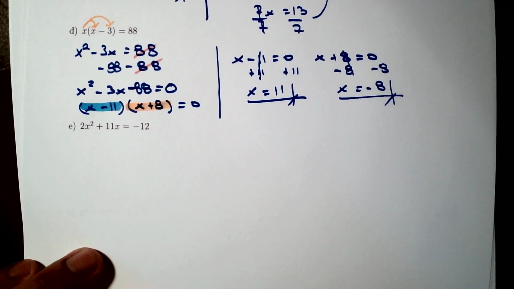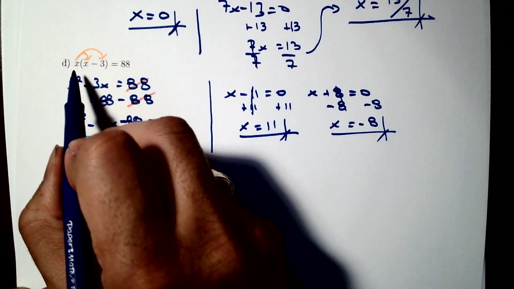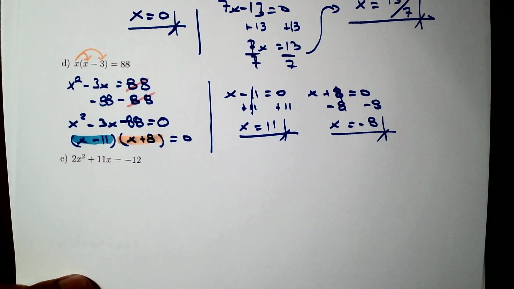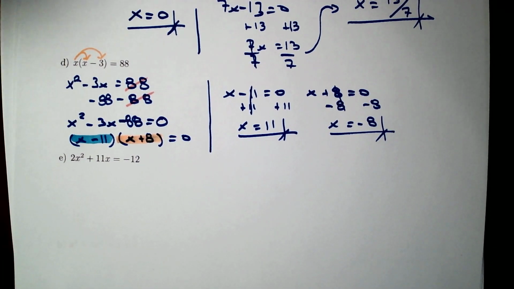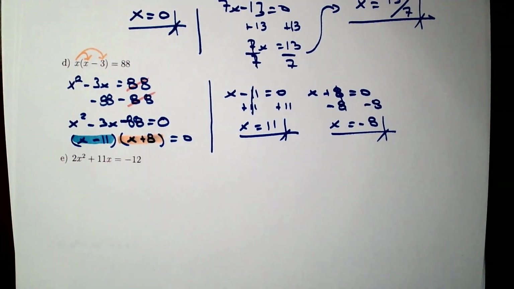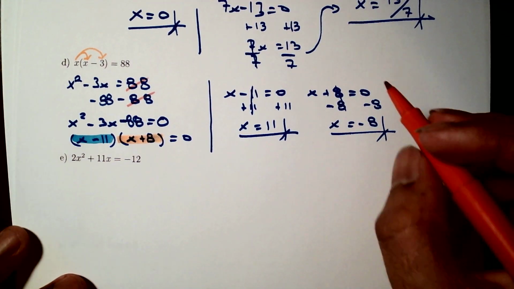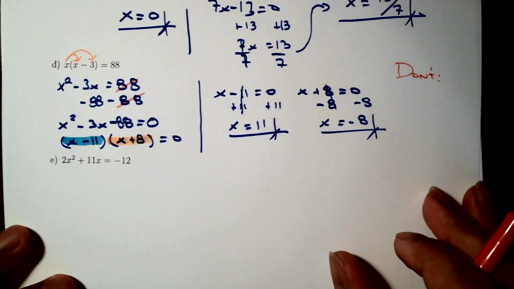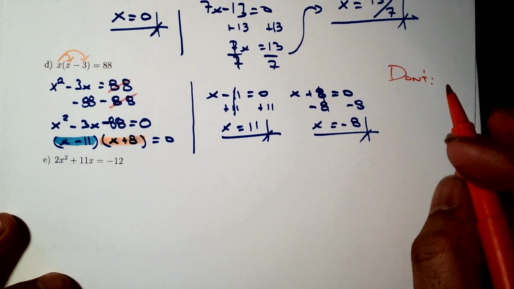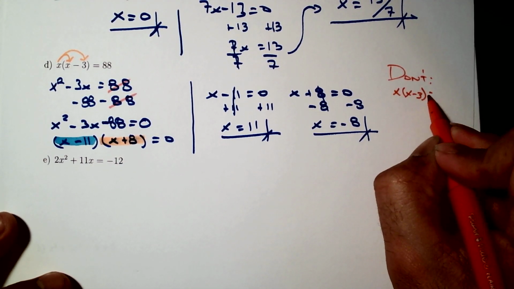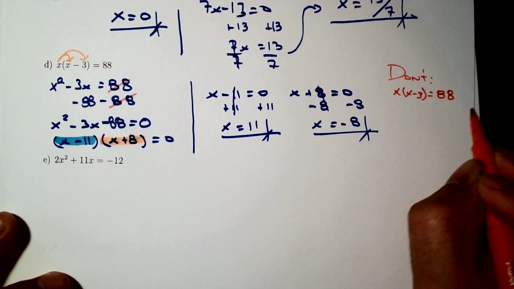A very common mistake here is to think of this as the product property. Let me do this with red, so we can take this as what not to do. Don't. So in this case, it's going to be x times x minus 3 equals 11, equals 88.